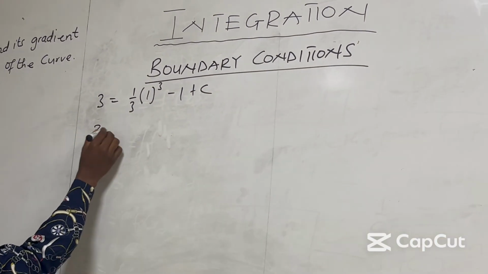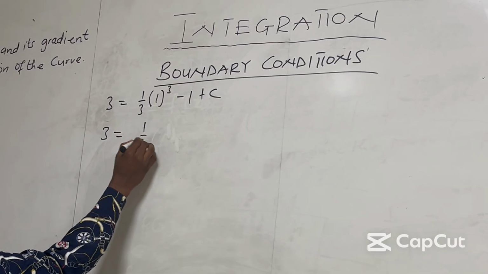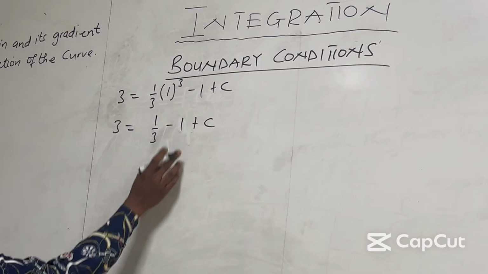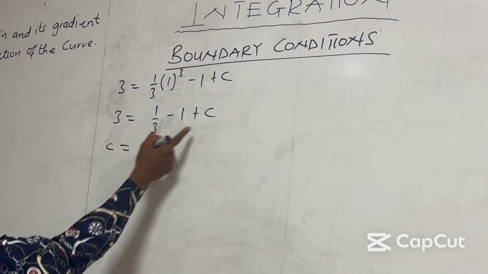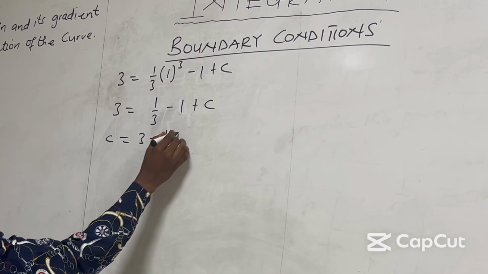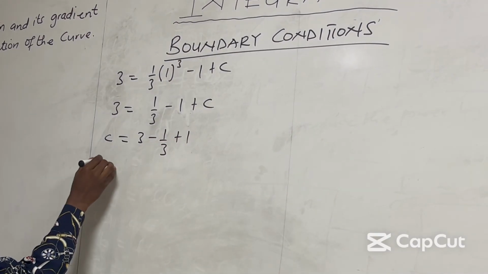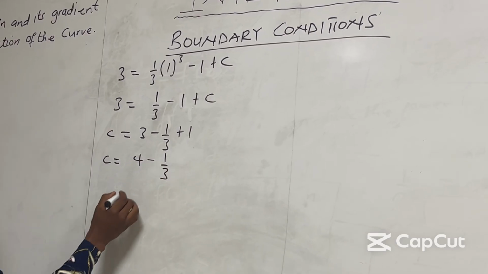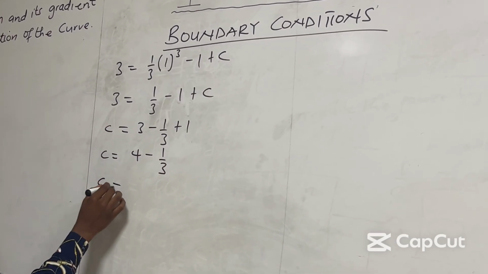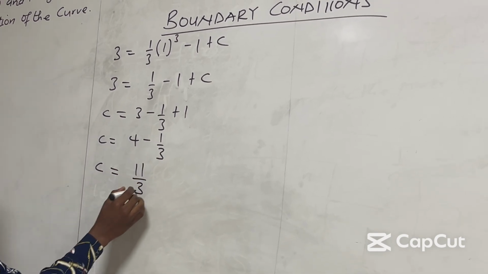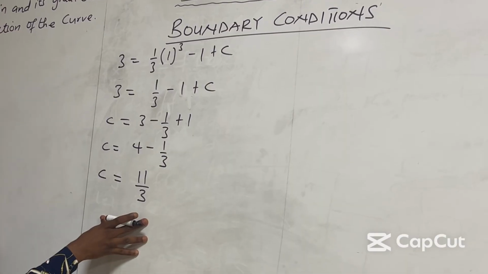So we have 3 is equal to 1 on 3 minus 1 plus my constant of integration. So c is equal to 3 minus 1 on 3, then plus 1. So c is equal to 4 minus 1 on 3. So therefore c is equal to 11 on 3. As simple as that.